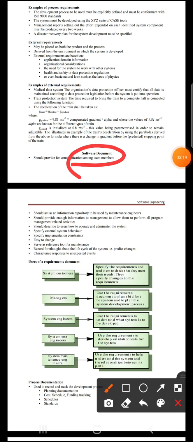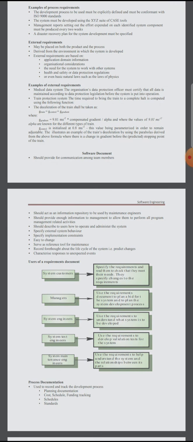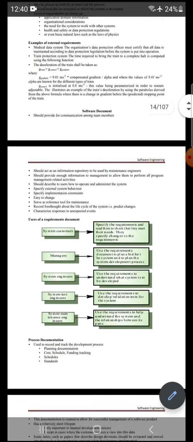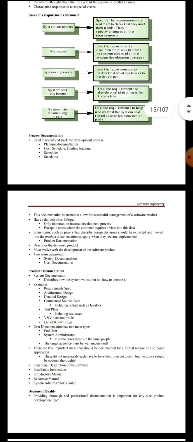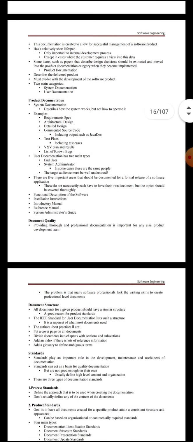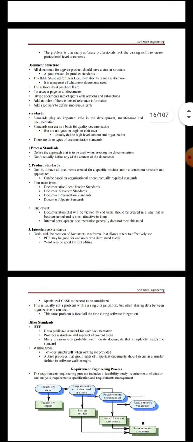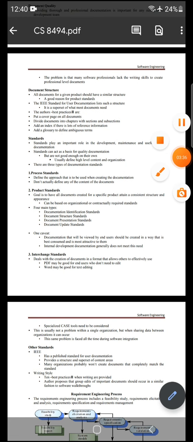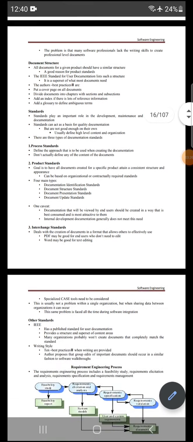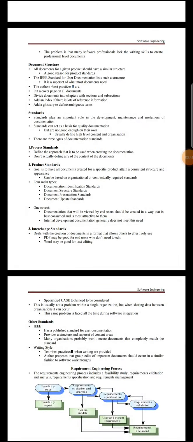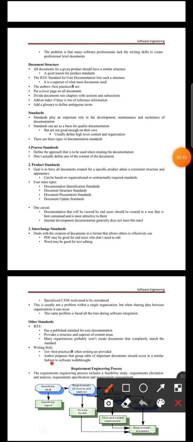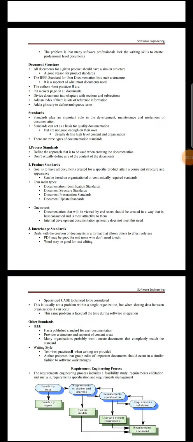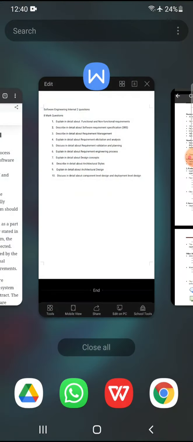Okay, software document. So what are the possible documents? Examples: document all, quality document structure, document standards. Up to this the question comes. Okay, that is software requirement specification. Fine. Let us see the next question.